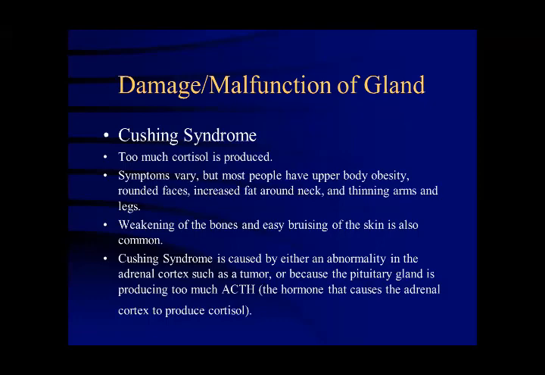Cortisol is under the control of ACTH, adrenocorticotropic hormone, which is released by the anterior pituitary gland. I told you in the beginning, when we were discussing the pituitary gland, that the anterior pituitary releases 6 hormones.